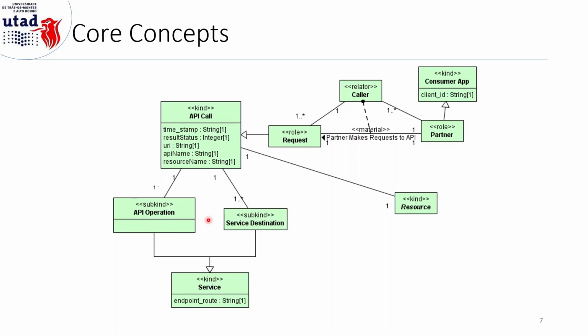API operations and service destinations extend the kind service identified by its endpoint host. The kind resource represents the class of objects handled by the API, and it can be seen as entity data structures within the API domain and API call payloads.